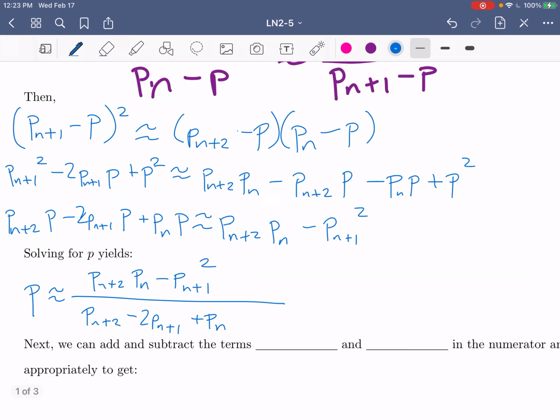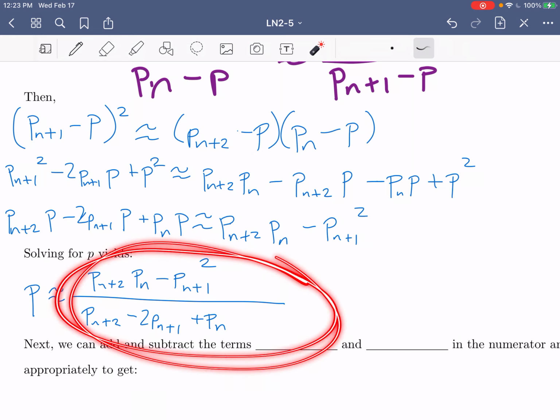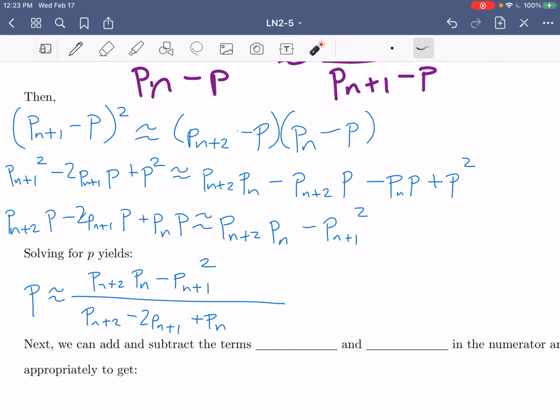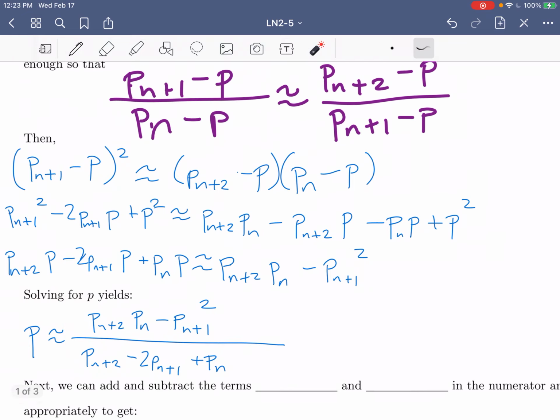So that's an approximate value for p. All right, so this is describing how we can combine some terms together to get an approximate output for the value of p. Now we could do a little bit more algebraic manipulation.